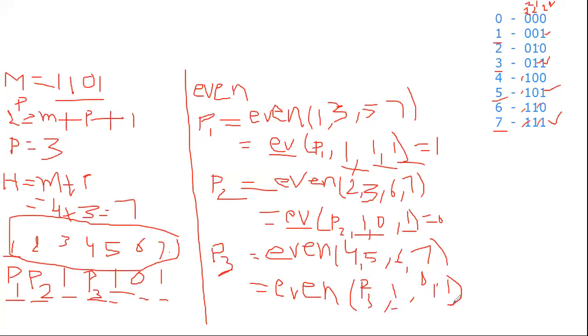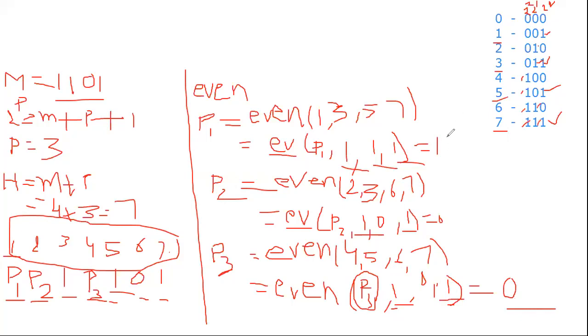Already two ones are there. That becomes even parity. So instead of this P3, we compulsorily take 0. Only when we put 0 instead of P3 do we get even parity. P3, 1, 0, 1: here two ones are there, so that becomes even. So instead of P3, we take 0 only. So the P3 value is 0.